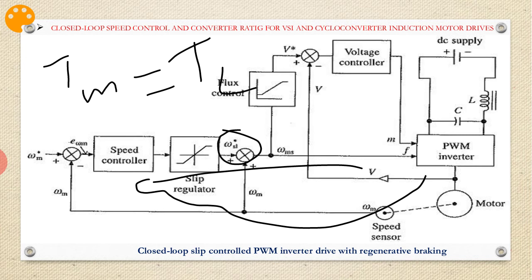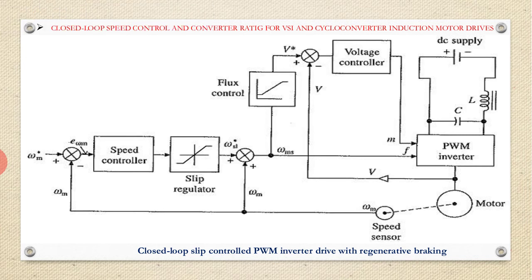Now when there is a step decrease in the speed command, it gives a negative speed error, and the slip speed is set to the maximum negative value. In this case the drive will decelerate, whereas in the positive case it will accelerate.